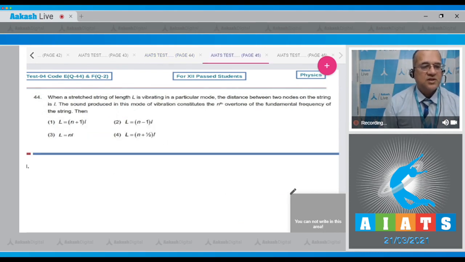Question number 44: when a stretched string of length L is vibrating in a particular mode, the distance between two nodes on the string is l. The sound produced by this mode of vibration constitutes the nth overtone of the fundamental frequency of the string. Then find the relation between capital L and small l. Now it says that the distance between two nodes, which is lambda by 2, is equal to l, therefore lambda is equal to 2l.